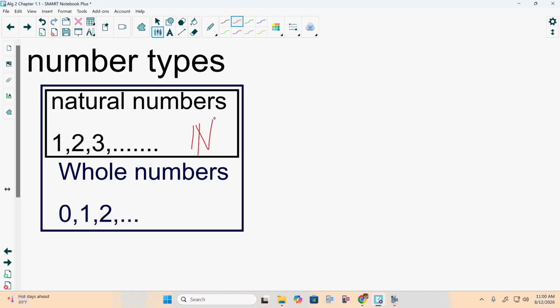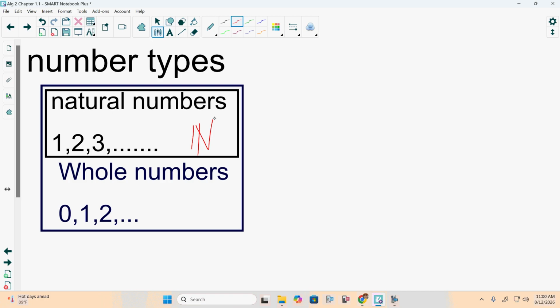What's the big difference between whole numbers and natural numbers? It starts with 0. That is the only difference between whole numbers and natural numbers. And like I said already, mathematicians are a little lazy, so we're going to give it a symbol, yes? What do y'all think the symbol for whole numbers is? You have a guess? What do you think?